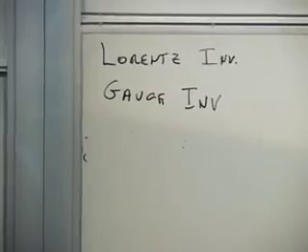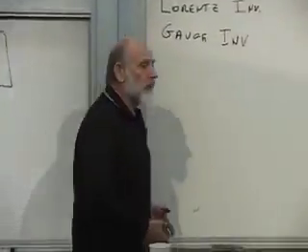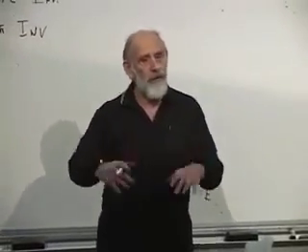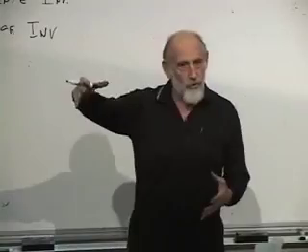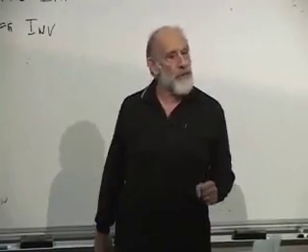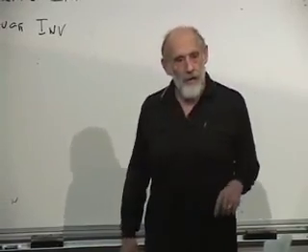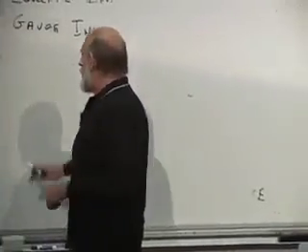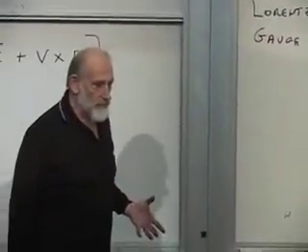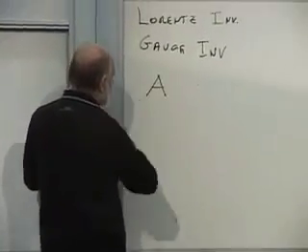Where it came from was requiring that a certain scalar field Lagrangian should be invariant when we did this kind of change of phase, the e to the i epsilon, and that epsilon be a function of position. But let me remind you what the bottom line in the end was. The bottom line in the end was that, in order to implement that symmetry, we had to invent the idea of a vector potential.